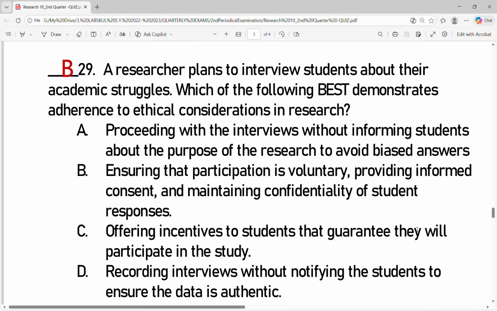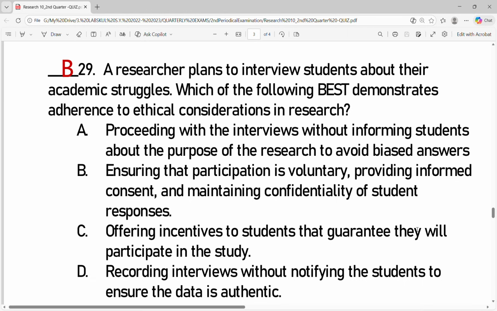A researcher plans to interview students about their academic struggles. Which of the following best demonstrates adherence to ethical considerations in research? When I discussed to you about chapter 3, one major part of it is the ethical consideration, wherein since we're dealing with humans, human respondents, we have to ensure that when they join or participate in your research, their participation is solely voluntary.